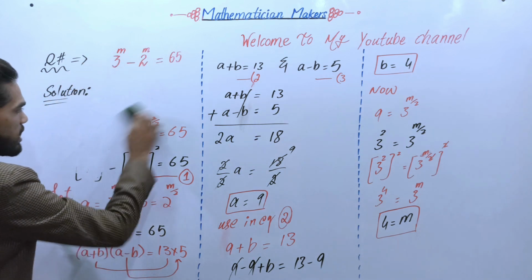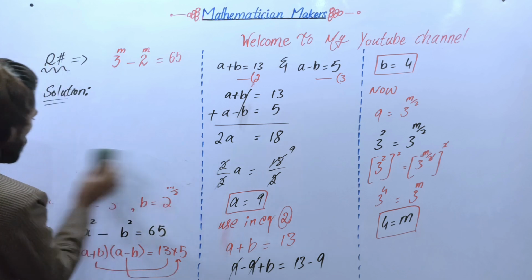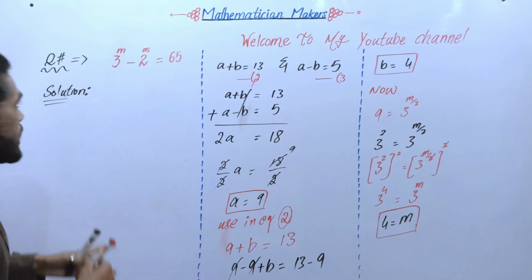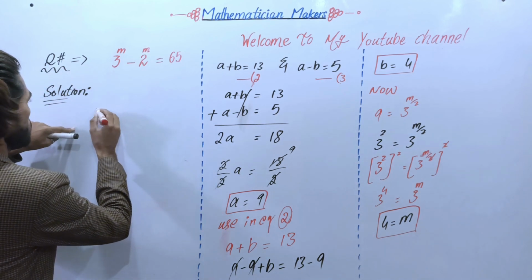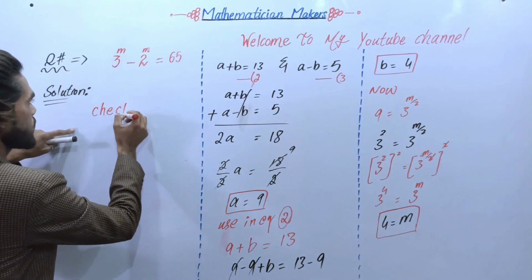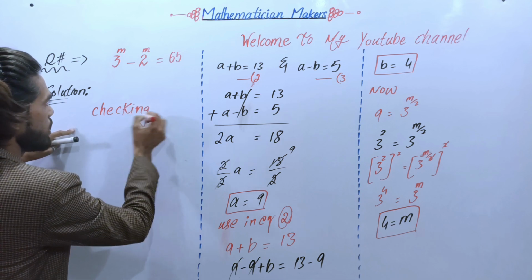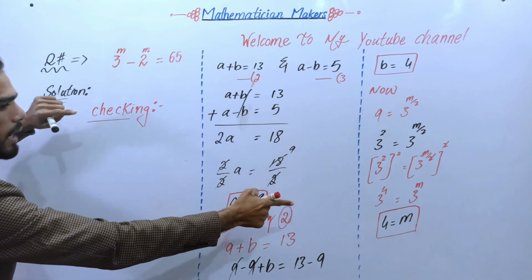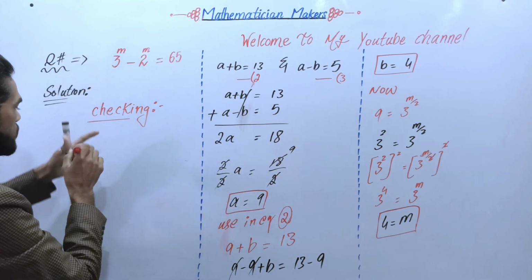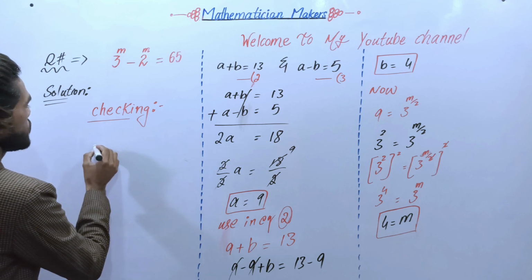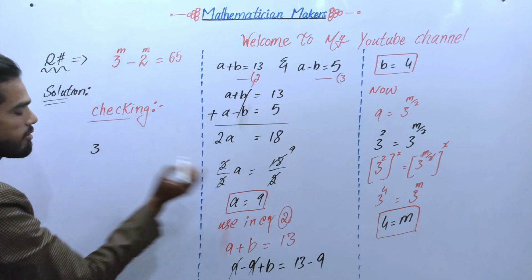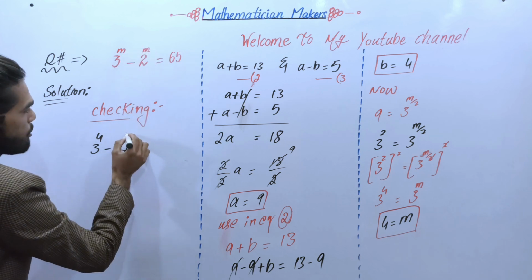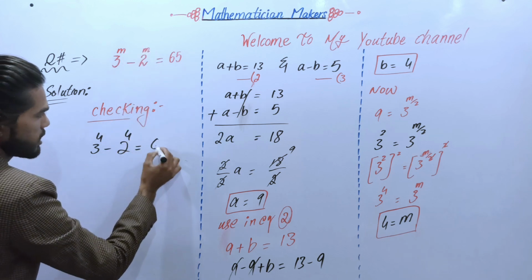Checking: we put the value of m, which is 4, in this equation. So 3 power 4 minus 2 power 4 is equal to 65.